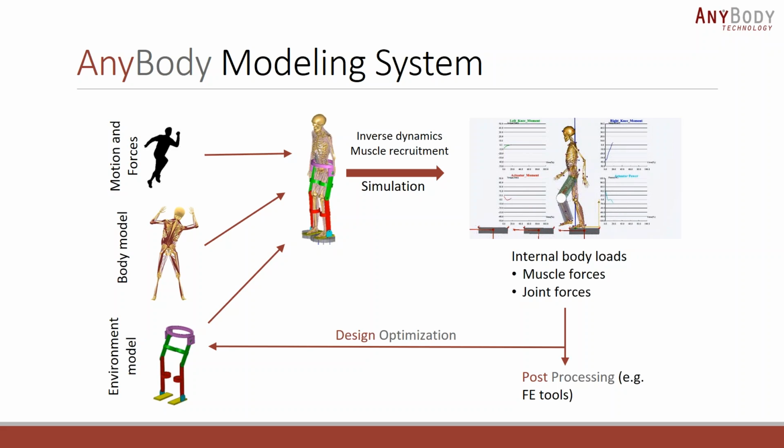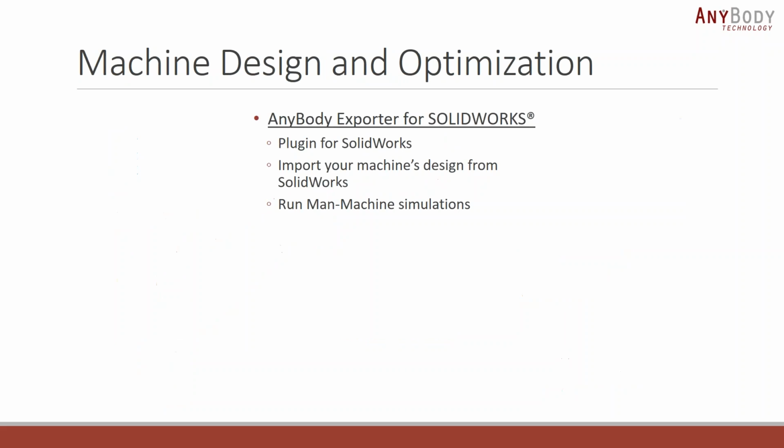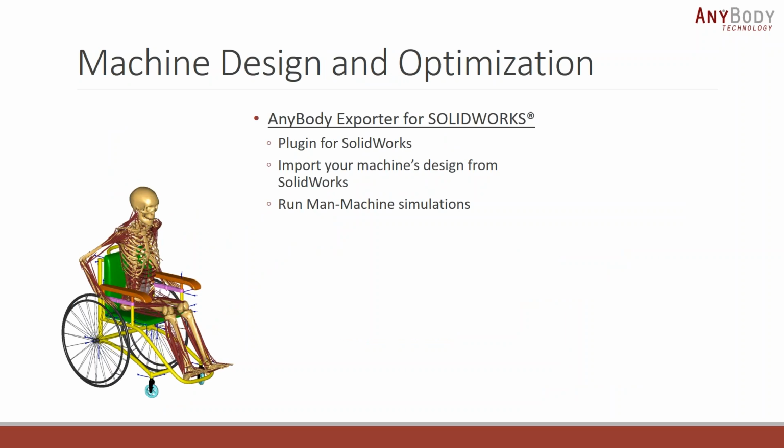And in some cases, you might want to close the loop completely. You might feed your results back to improve your environment model, and then you have a design loop to optimize your product. Oh yeah, I also want to say that if you have your design outside, we have an exporter for SolidWorks so that you can export your environment models directly from SolidWorks into AnyBody.